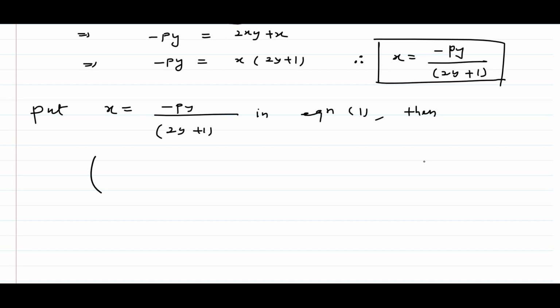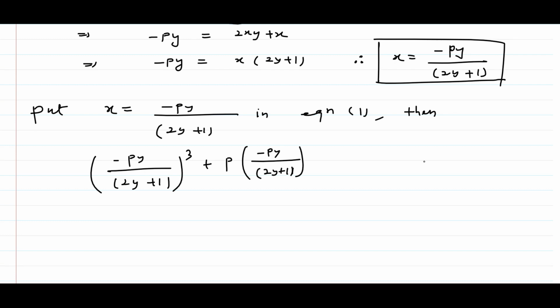So it will give negative py upon 2y plus 1 whole cube plus p times of negative py upon 2y plus 1 whole square plus q times of negative py upon 2y plus 1 plus r is equal to 0.